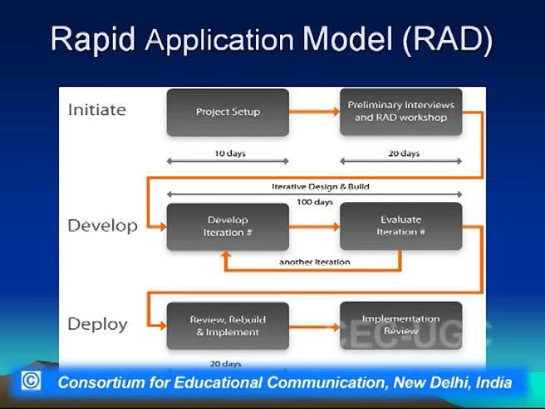And we have another process model that is called rapid application development. This is just the reverse of the prototype model. When the team is very clear about the requirements, they are very clear about what they want to have, then they go for rapid application development. Rapid application development means the client wants the project at the earliest.